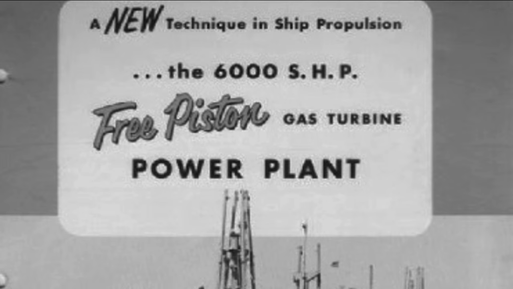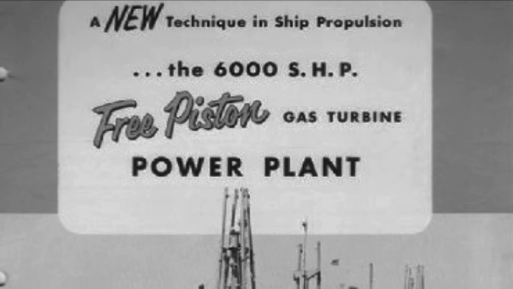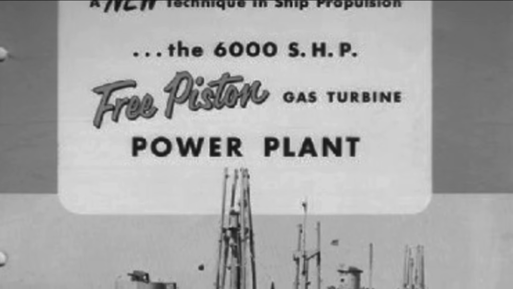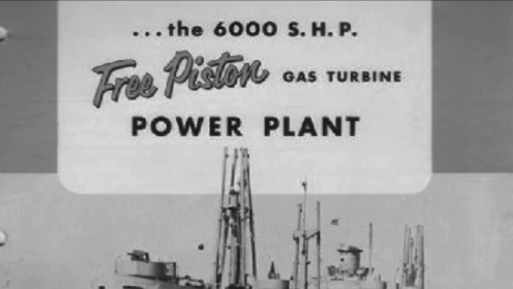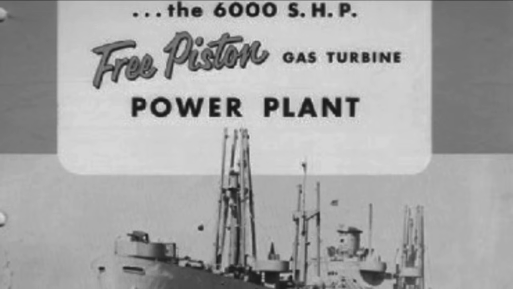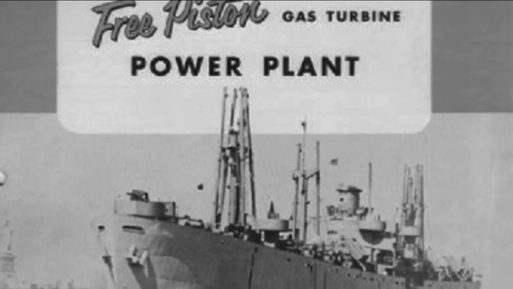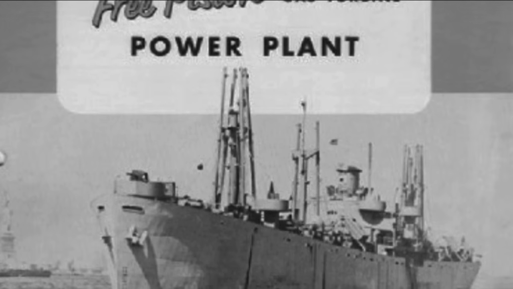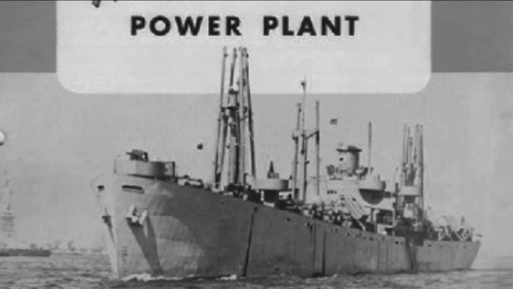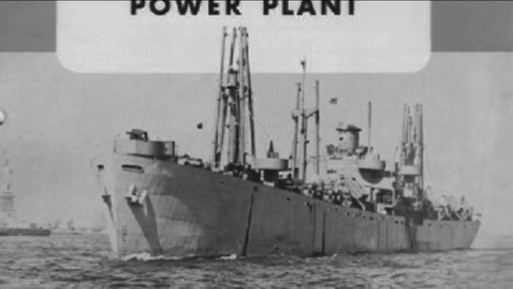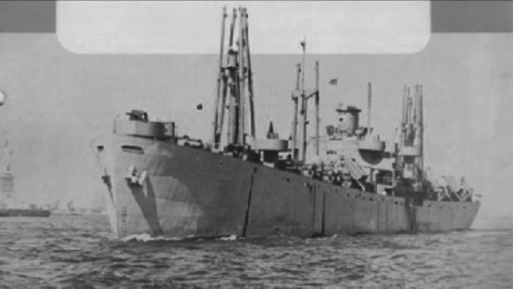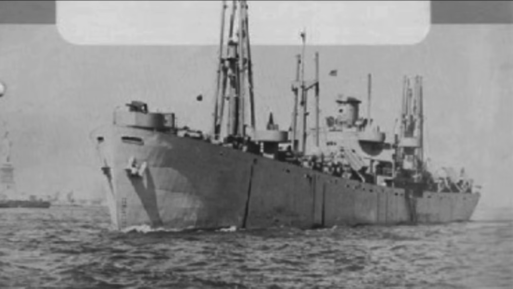However, a marine propulsion system based on 6 free-piston gas turbine units with a total output of 6,000 horsepower, installed on the American transport vessel SS William Patterson in the late 1950s, demonstrated disappointing results. Based on the operational experience of the William Patterson, the U.S. Navy abandoned the free-piston concept.